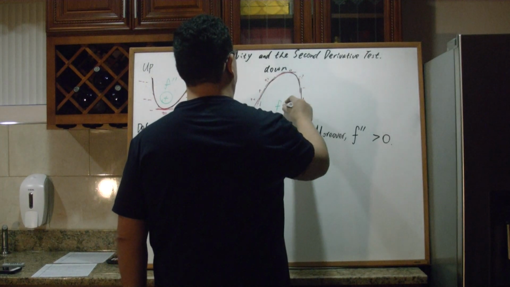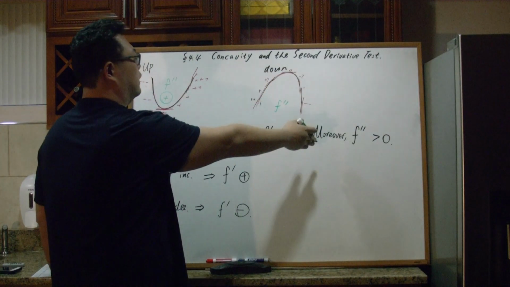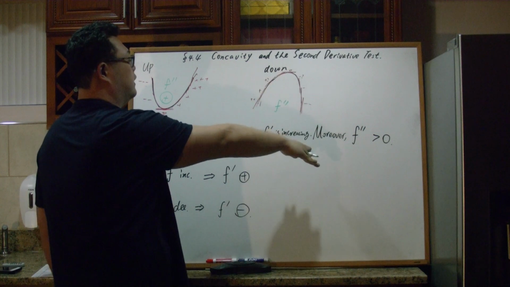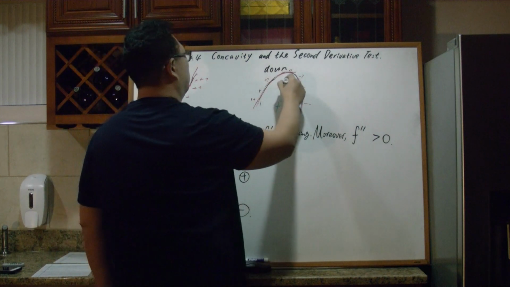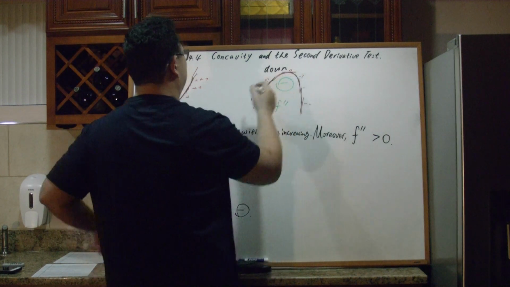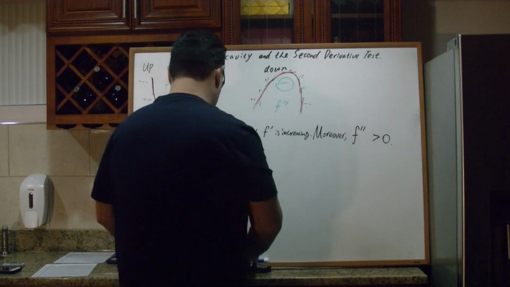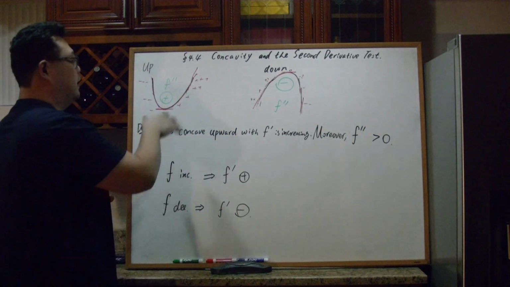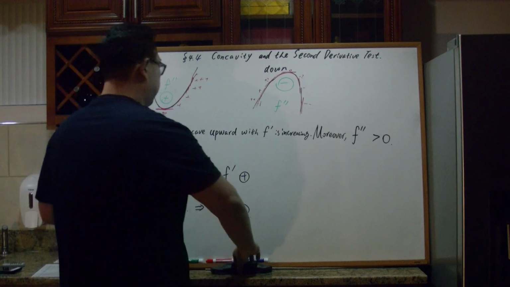Similarly, for concave down, the slope is decreasing, that f prime is decreasing, which means our second derivative is negative. Positive means up, negative means concave down.